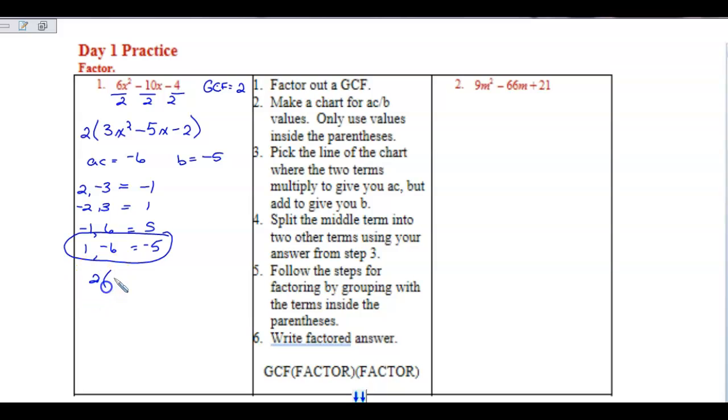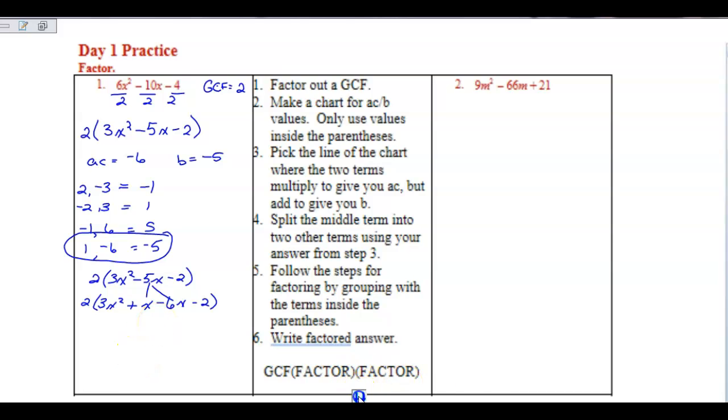So now, I'm going to rewrite my trinomial in here. This is going to be 2 times 3x squared plus x, there's your 1, minus 6x, there's your negative 6, and then bring down your negative 2.